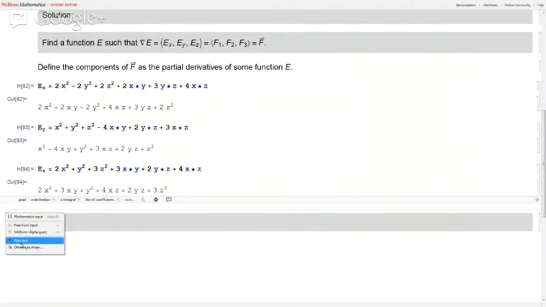Now, I need to integrate each partial derivative.